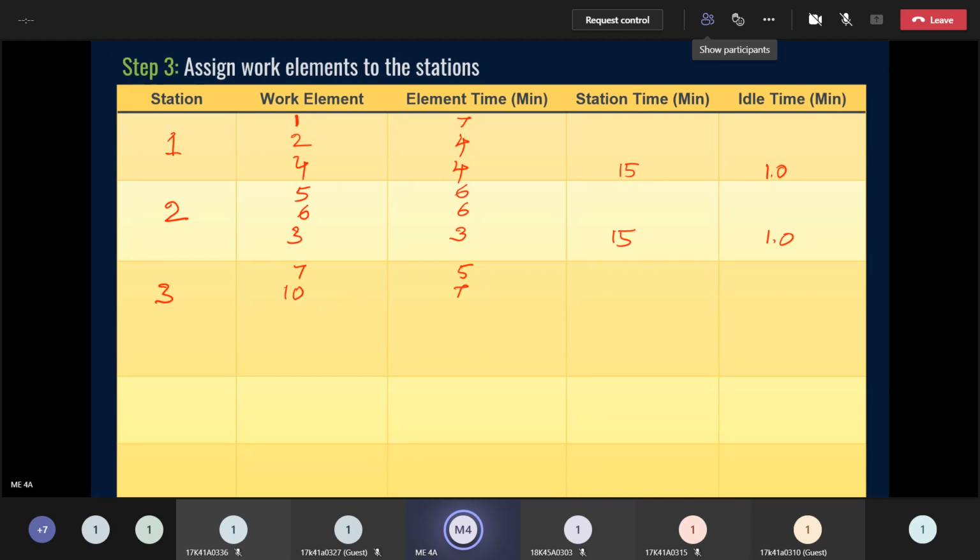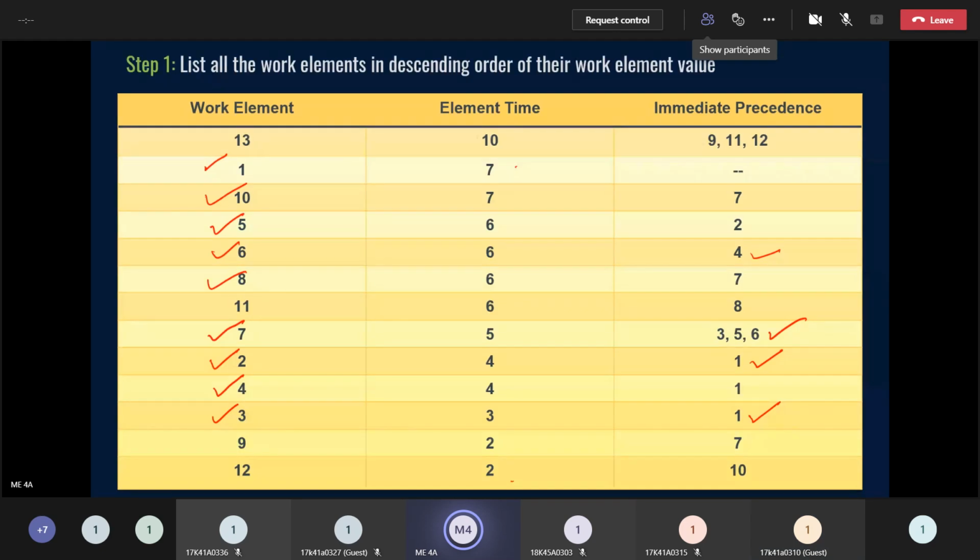5 plus 7, 12 minutes is over. You are left with 4 more minutes. See what is the next element you can choose. 9th you can take. I am removing this 8 here, which we have not done. 9th one takes how much time? 2 minutes.